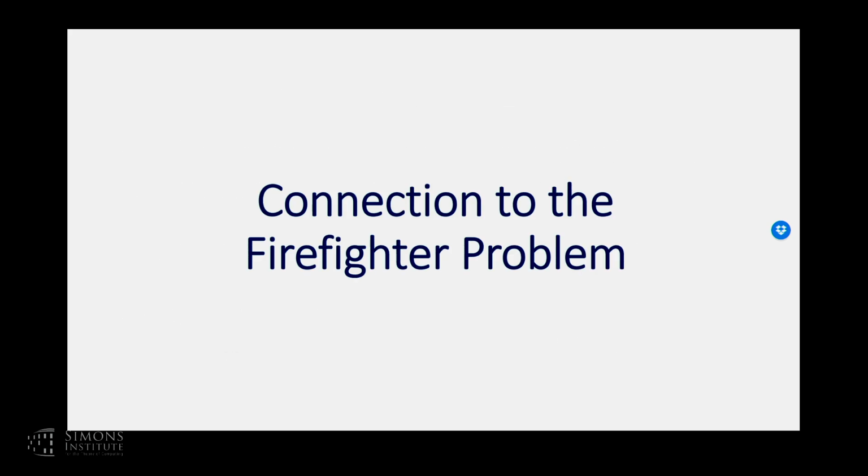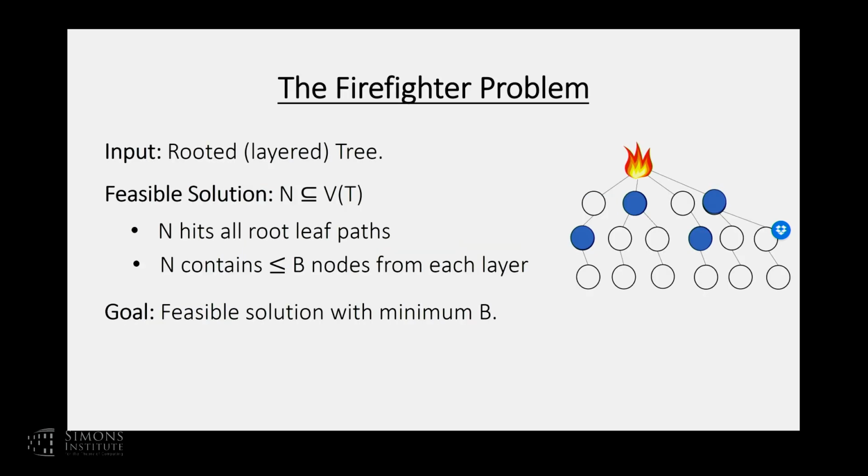But I think the main surprise for me was that this problem is connected to another problem called the so-called Firefighter problem. In fact, the Firefighter problem on trees. And maybe I'll remind you of that problem, or if you've heard it for the first time, this is a very cool problem. I'm given a tree, and let me not go into the story, but here's the problem.